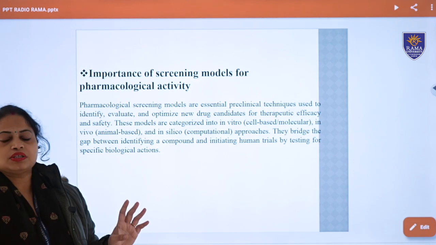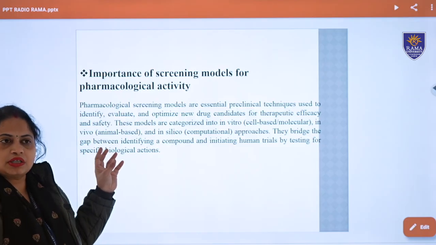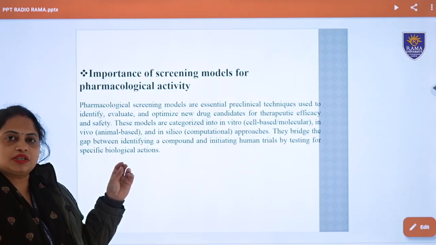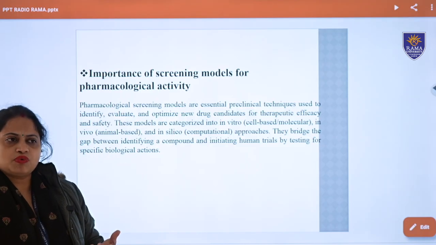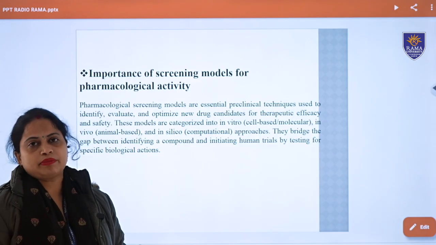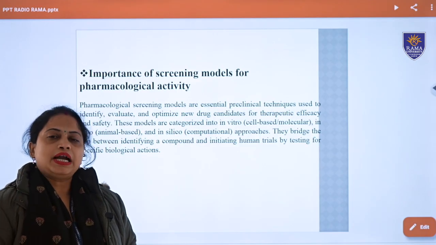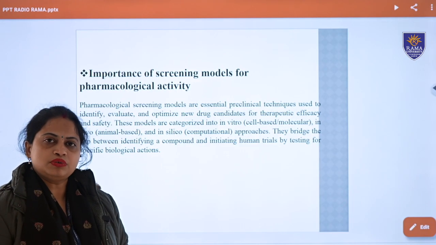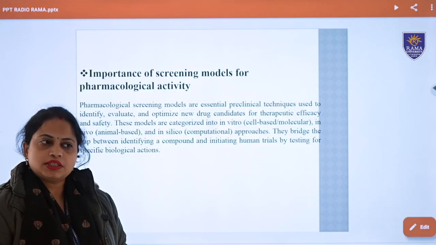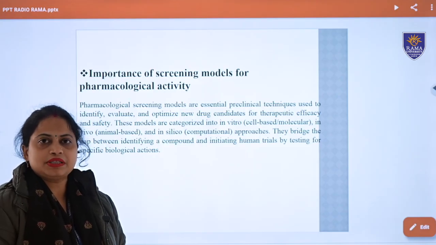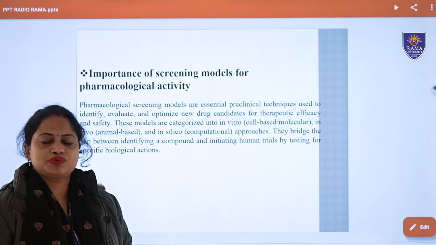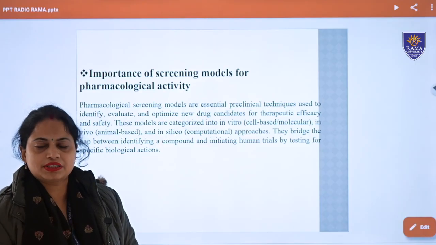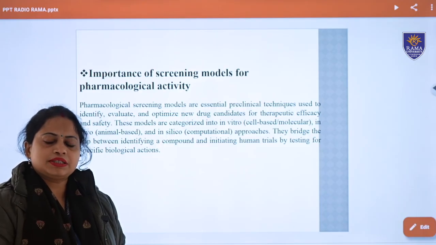Whereas in vivo models are the main part of preclinical studies. In in vivo methods, we are using different animal models. Most commonly we use rodents or some animals which are genetically and biochemically similar to human beings. So these animals can provide the therapeutic approach or safety and efficacy profile of the drugs before we test on human beings.